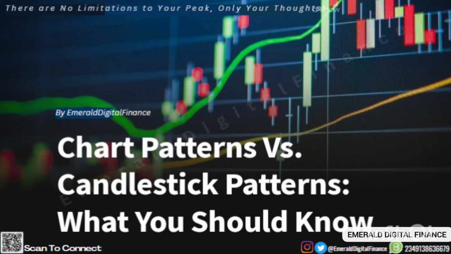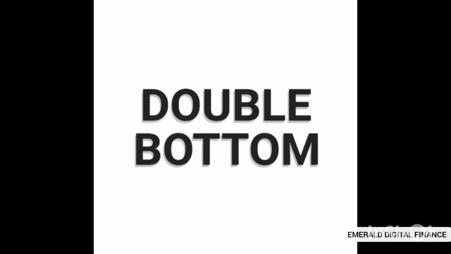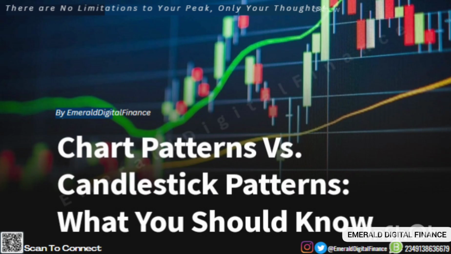So let's move to the next one. The next one we're going to be analyzing here is the double bottom. Basically, the double bottom reversal pattern is the opposite of the double top. How does it work? It occurs after a significant move to the downside. That is, after the market must have gone to the downside on a bearish pattern.